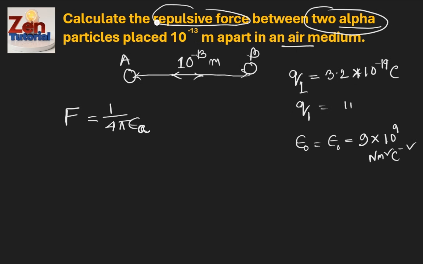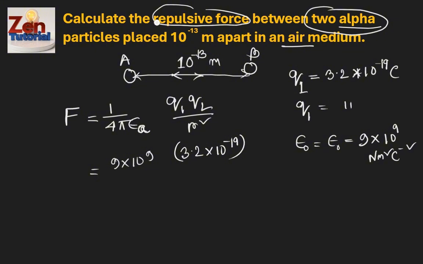The formula is q1 q2 over r square, where r is the distance between these two particles. Now plug in 9 into 10 to the power 9, and of course 3.2 into 10 to the power minus 19. These two charges are similar, as a result the values are also similar. That's why I put the value squared.